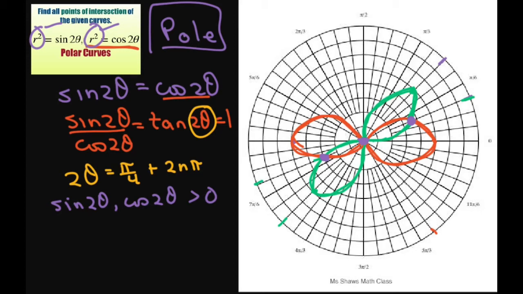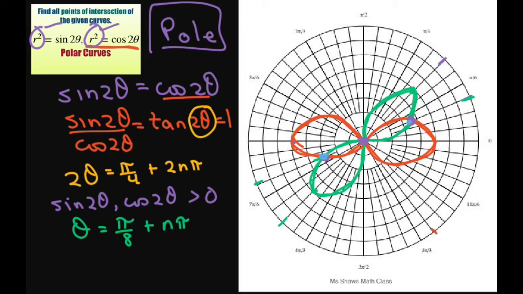Now, let's divide our equation by 2, and our angle is going to be pi divided by 8 plus n pi. According to our graphs here, this happens in quadrants 1 and 3.